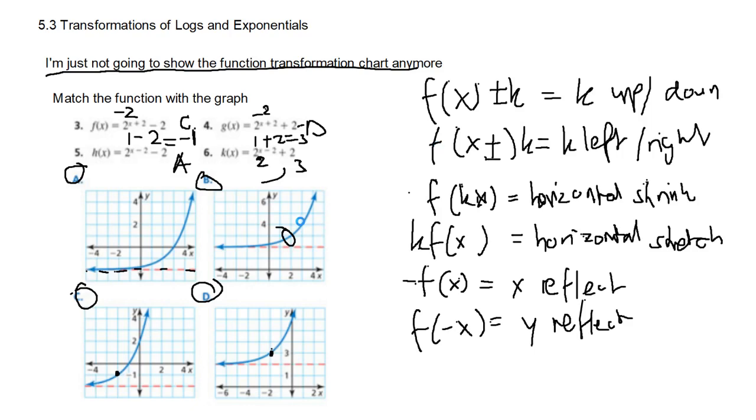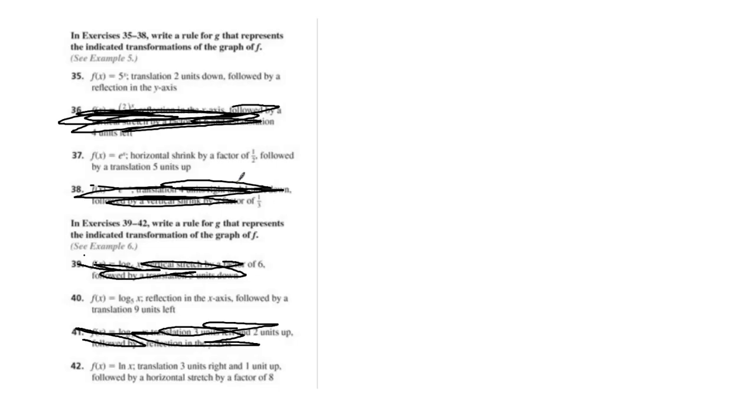Next, I think the whole thing is just problems. Okay. 35 to 38, write a rule for g that represents the indicated transformations of the graph of f. So f of x equals 5 to the x power, translation of 2 units down. So you can automatically write 5 to the x minus 2, followed by a reflection in the y-axis.